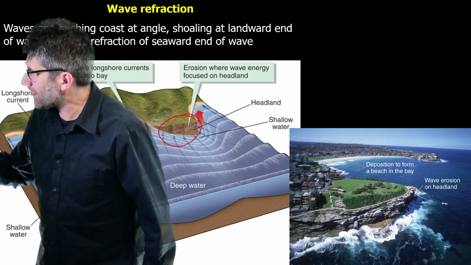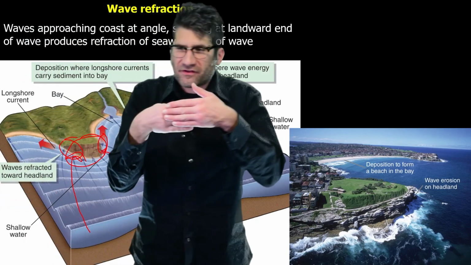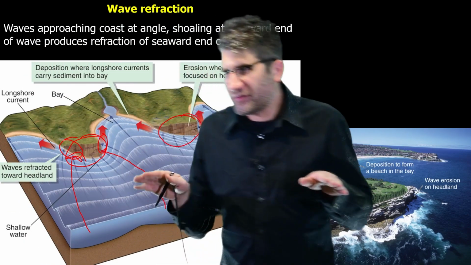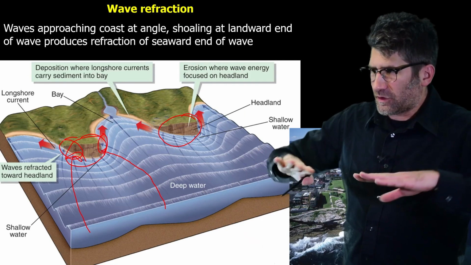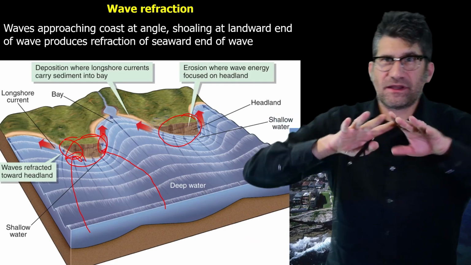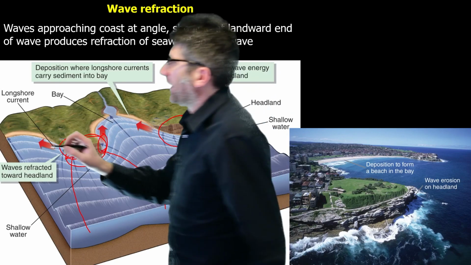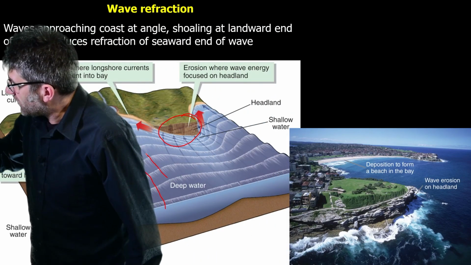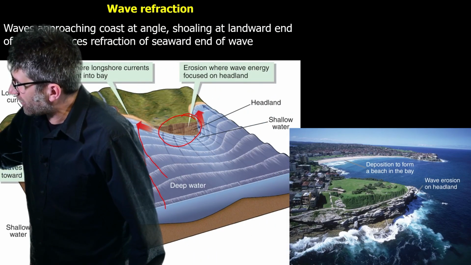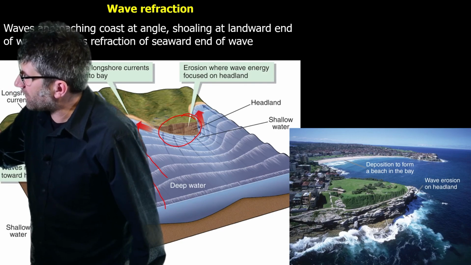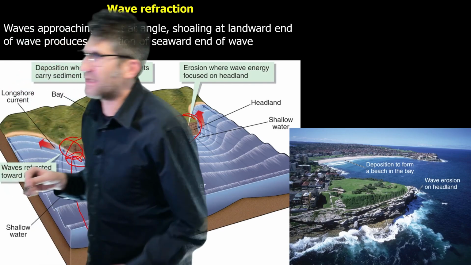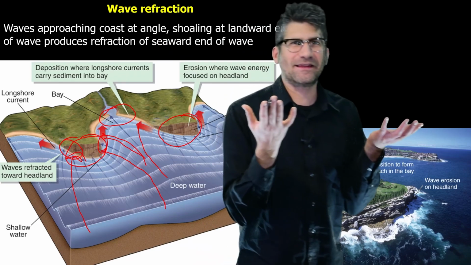Opposite that, where you've got basically a bay, your wave isn't being concentrated, it's being dispersed out. Because of that, your wave energy is very, very low in the bays, and so you have low velocity in these bays.